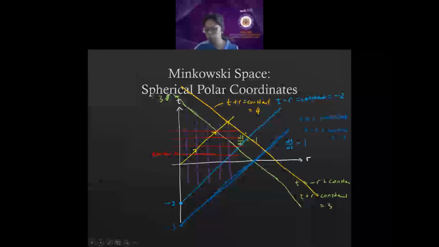What we can do is use other coordinates that are adapted to the path taken by light, that is, constant t minus r and constant t plus r.